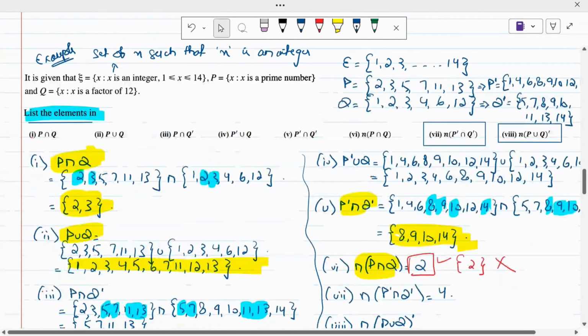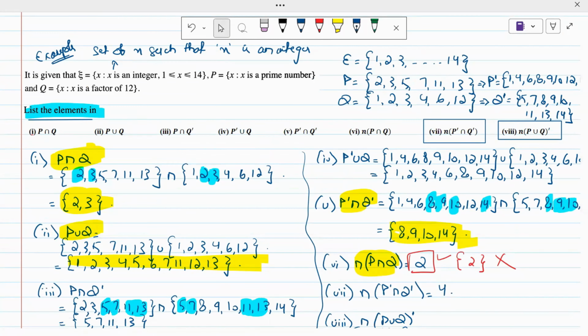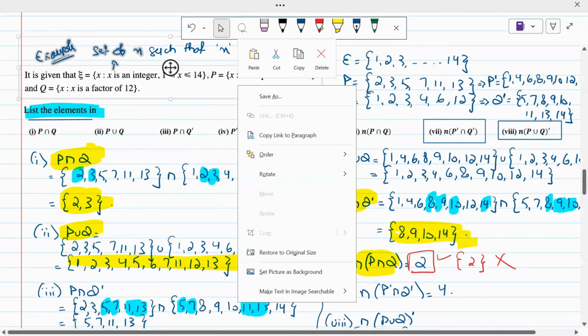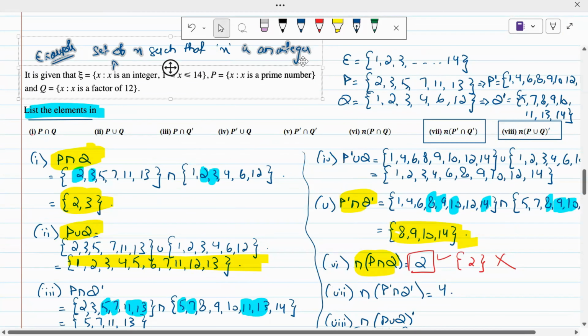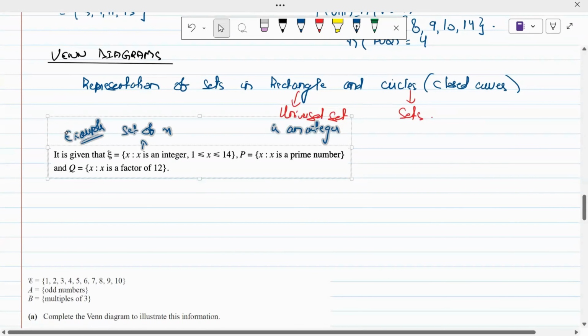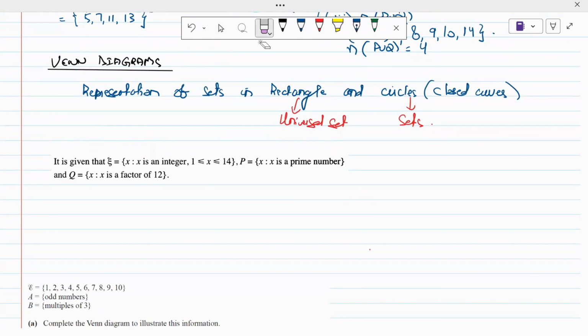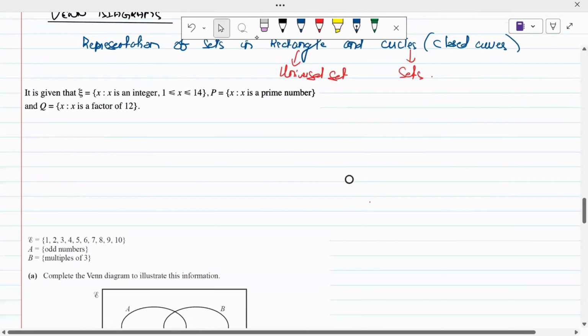For the same question, if we have to draw the Venn diagram, how will this work?